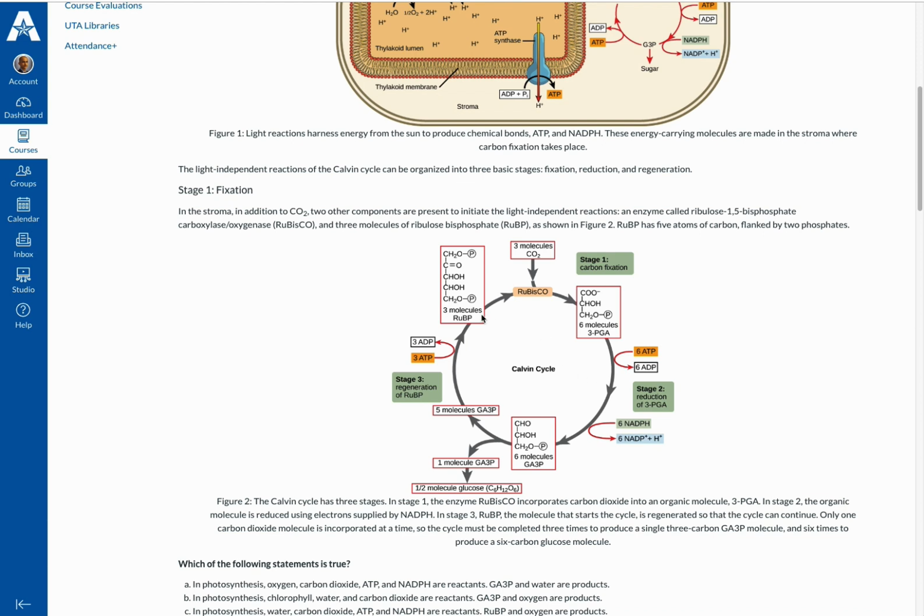Then we start again with that ribulose bisphosphate, fixate more carbon, and that's how the cycle works. We are taking this ribulose bisphosphate, fixating carbon, using up that ATP and NADPH from the light reactions, generating glyceraldehyde 3-phosphates, 1/6 of which is actually used in the formation of glucose.